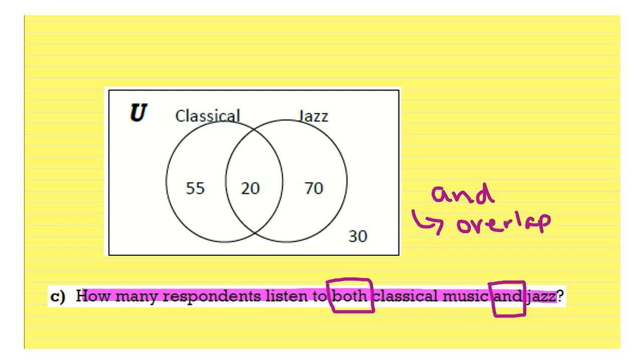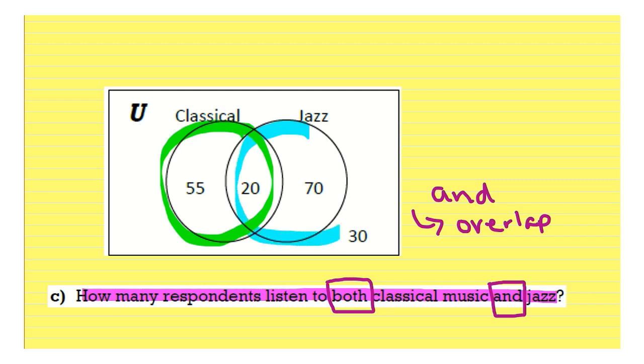So if we look at classical music, and we also look at the jazz music, where is the overlap? Overlap is right here. These 20 people in the overlap area are the people who listen to both classical music and jazz music. So the answer there is going to be 20.